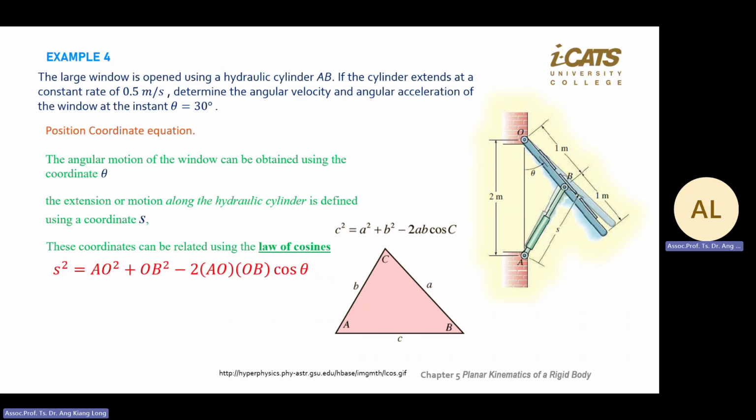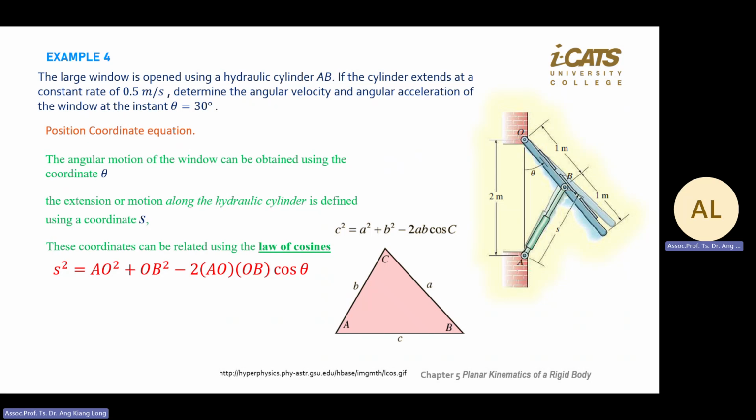Okay. So if we copy this triangle, OAB, C is the angle. C is the angle. So you convert c square, c replaced by the s from the diagram.